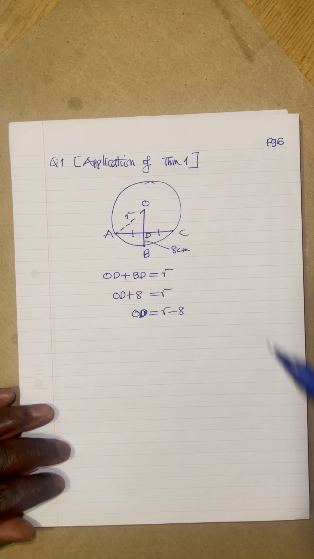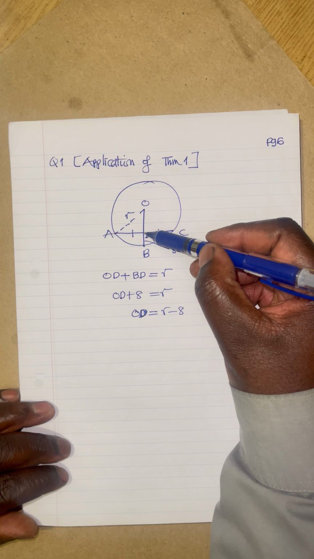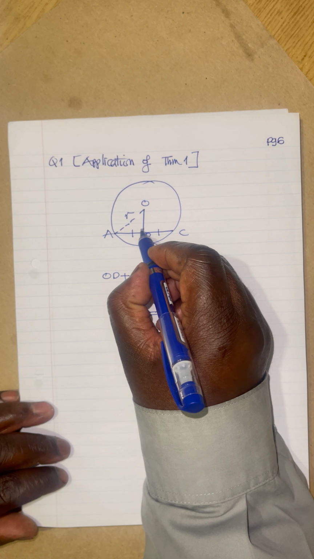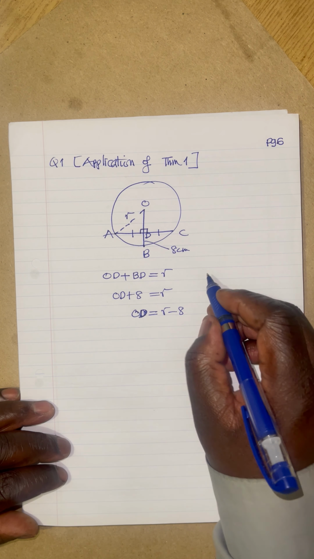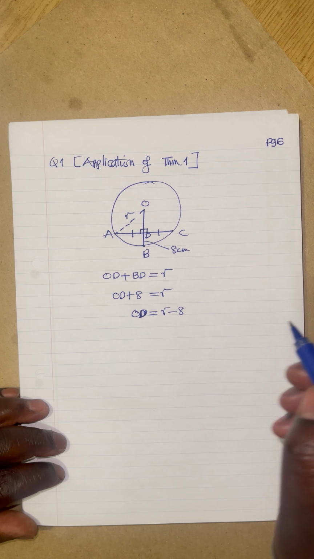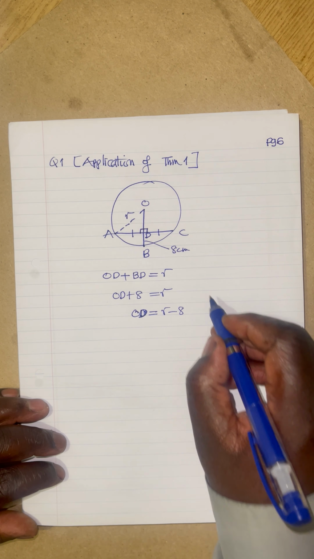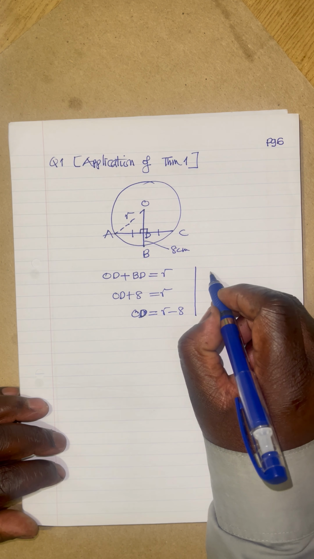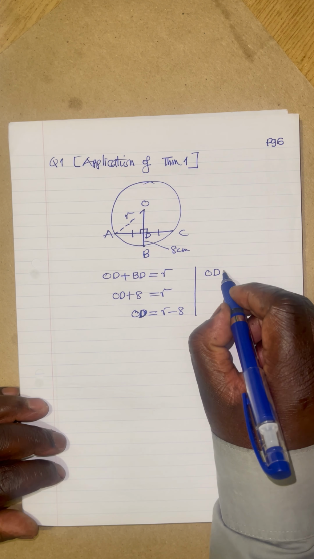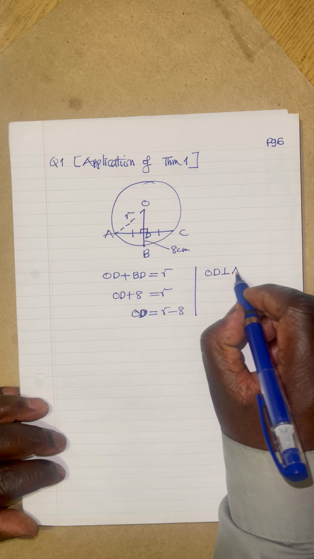Now, what else do we know? Well, we know that a straight line from center to midpoint of chord is perpendicular to chord. I told you that. This is theorem number 1 application. So we're now going to say, let me draw a line here, OD is perpendicular to AC.